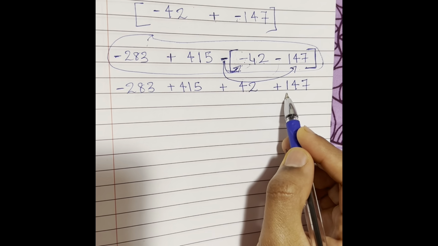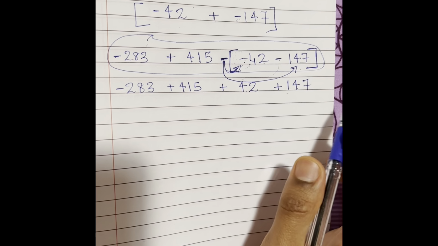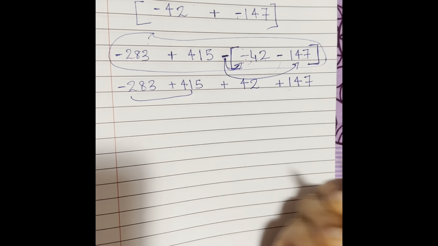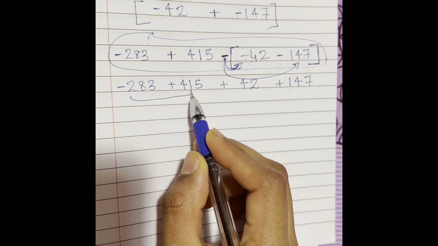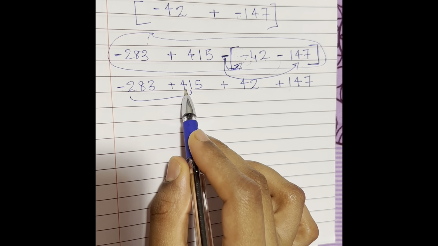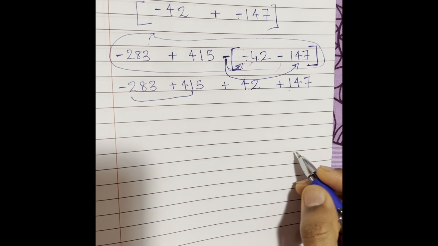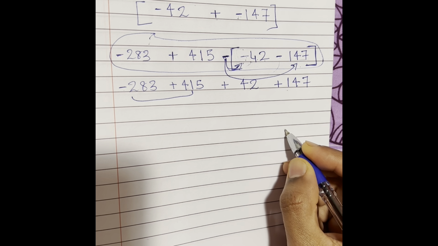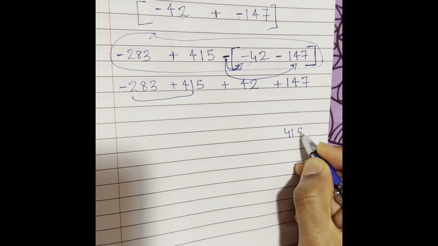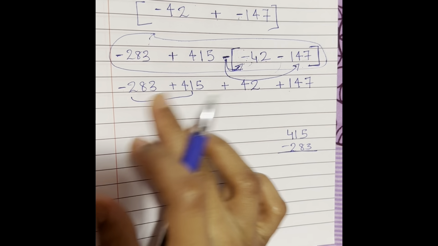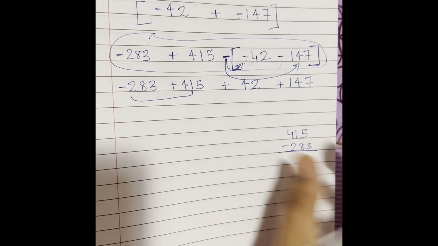There are four terms, four numbers. So take two terms together and solve them. Minus 283 plus 415. One is a negative integer, one is a positive integer, so what do you do? Subtraction. The bigger number is 415, 283 is the smaller number. Do the subtraction. No need to check the sign now, just do subtraction.